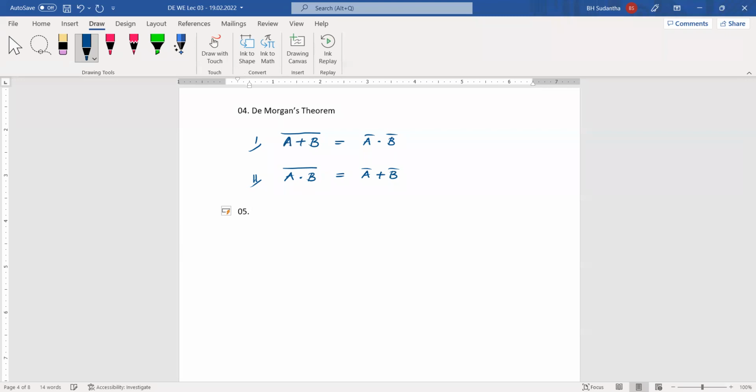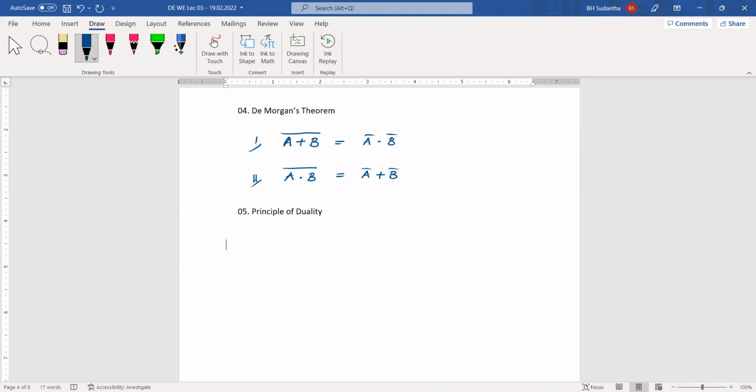The fifth one, principle of duality. It says that any theorem, relationship, or law, whatever it is, has a dual, the other face of that.